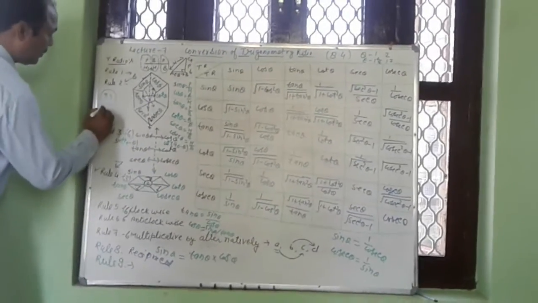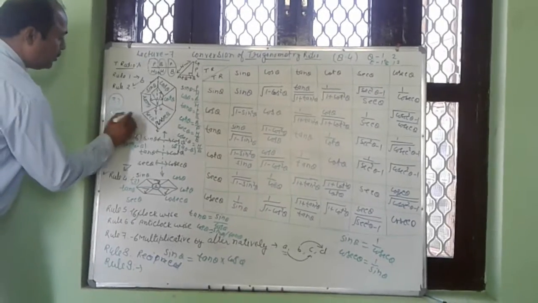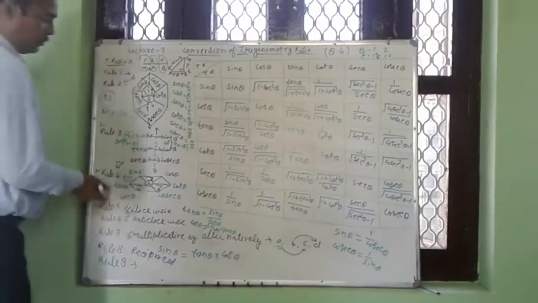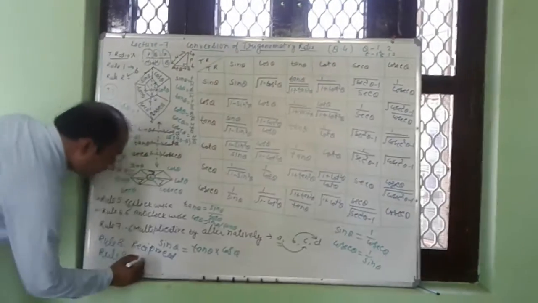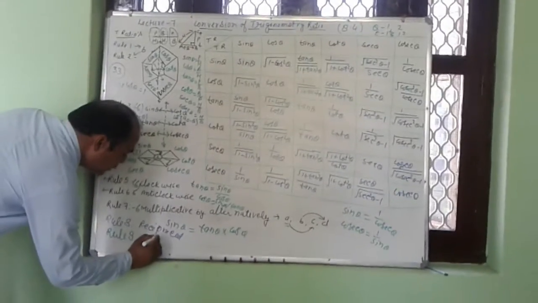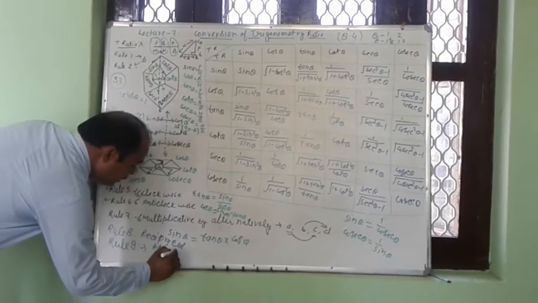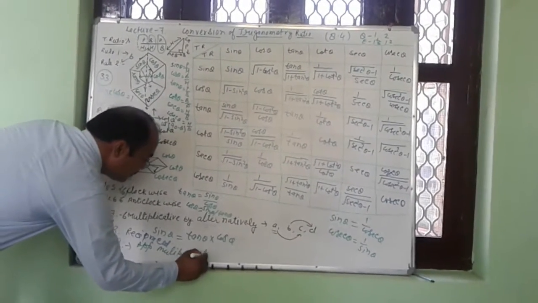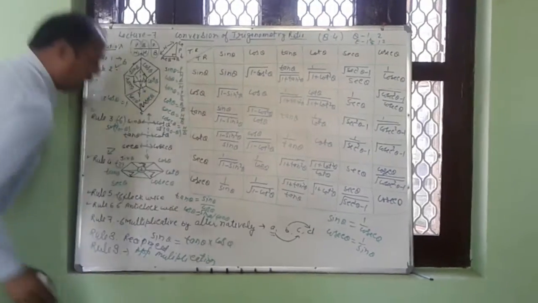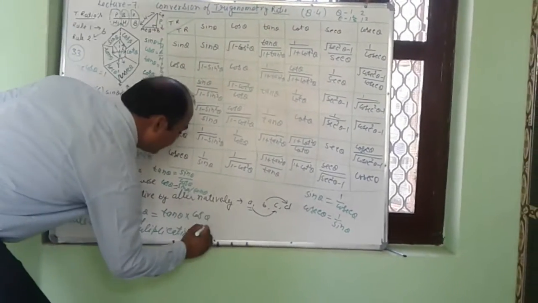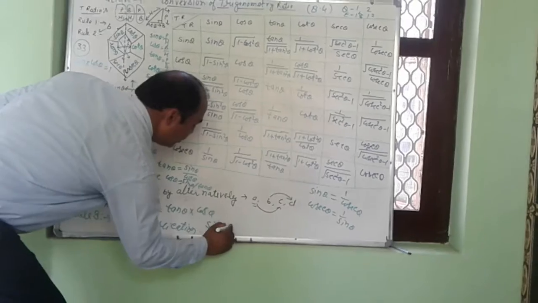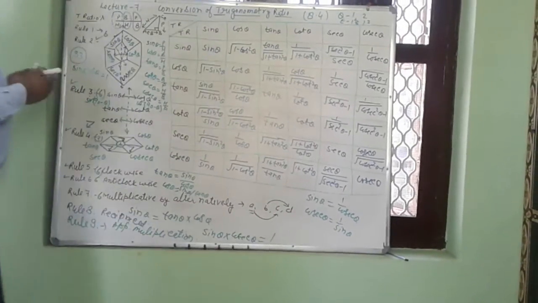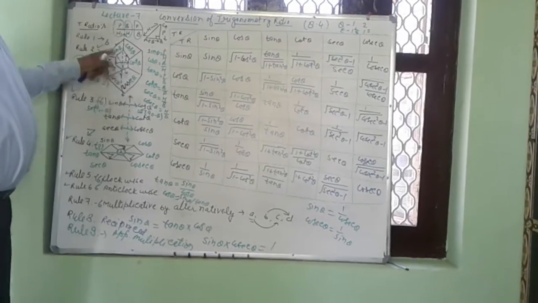For example, sin theta into cosec theta is equal to 1. 3 formulas come from here.